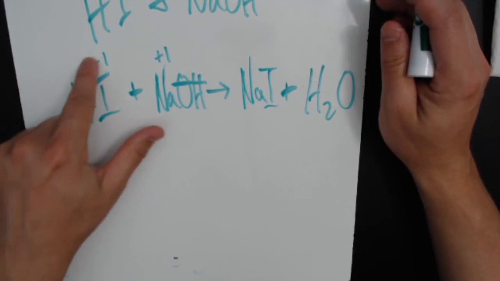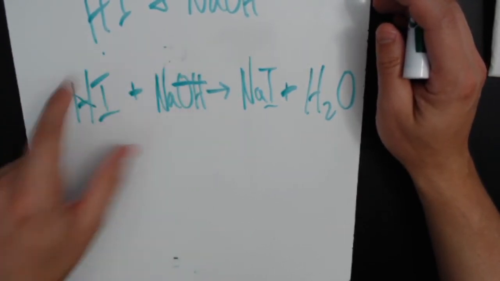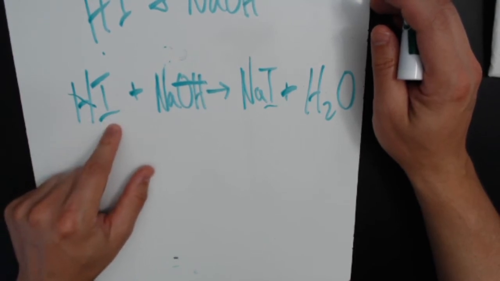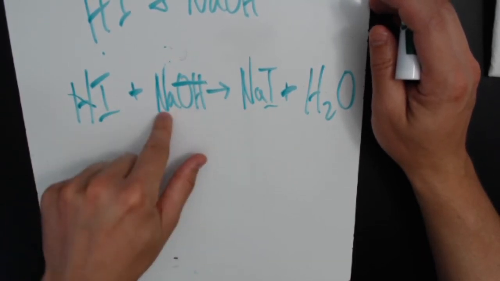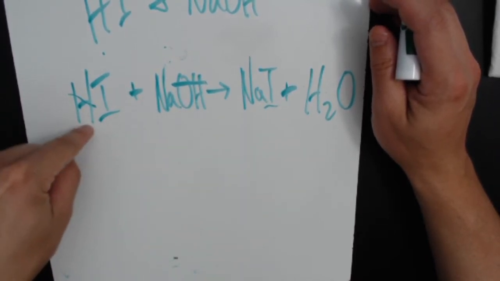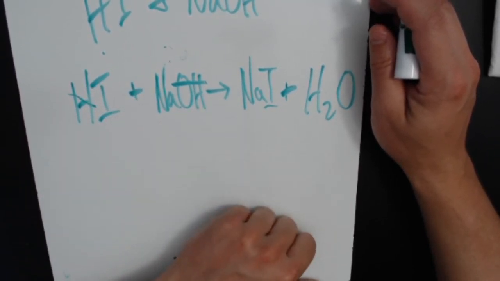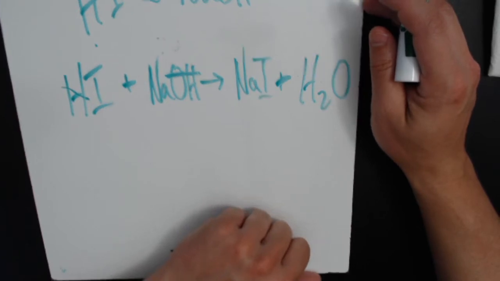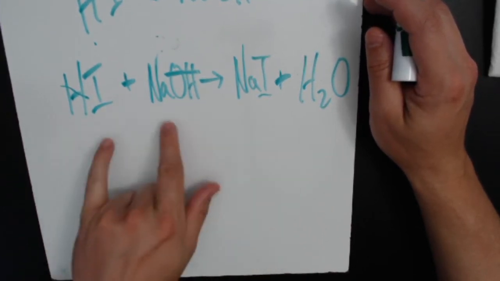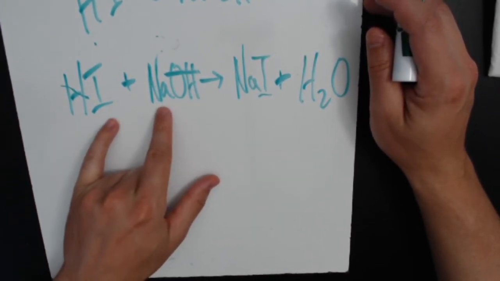Now always make sure you're balanced. One iodine, one sodium, two hydrogens, one oxygen. That is balanced. Little hint here: if these two are +1 and -1, then when you're done, it should be balanced.